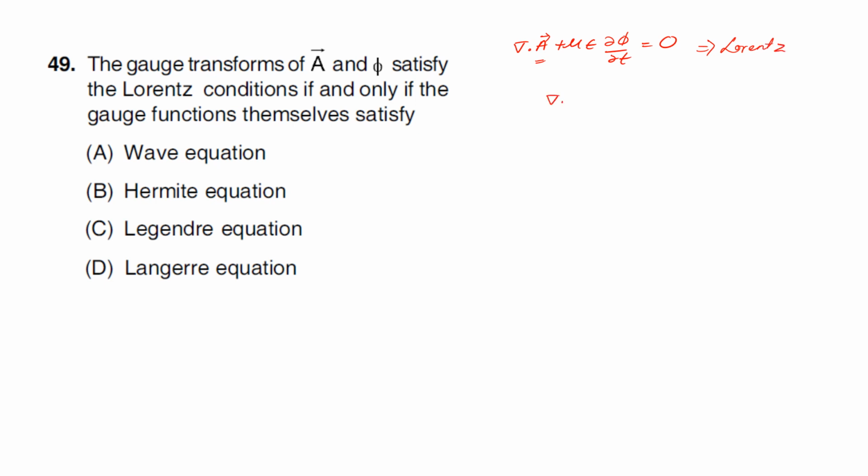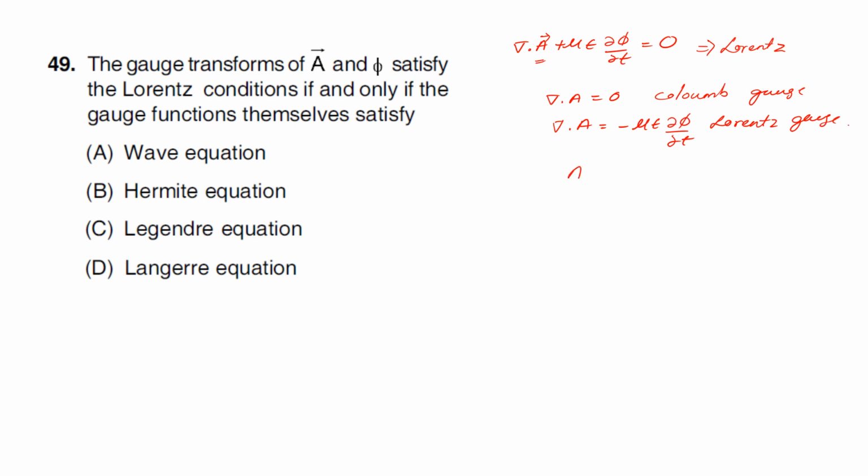If del dot A is equal to 0, then it is said to be Coulomb gauge, and if del dot A is equal to minus mu into epsilon dou phi by dou t, then it is said to be Lorentz gauge.